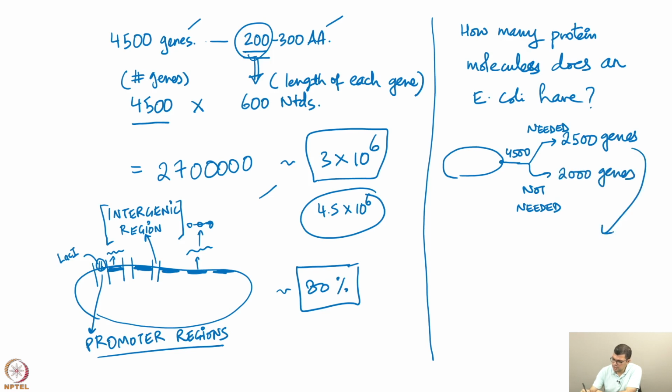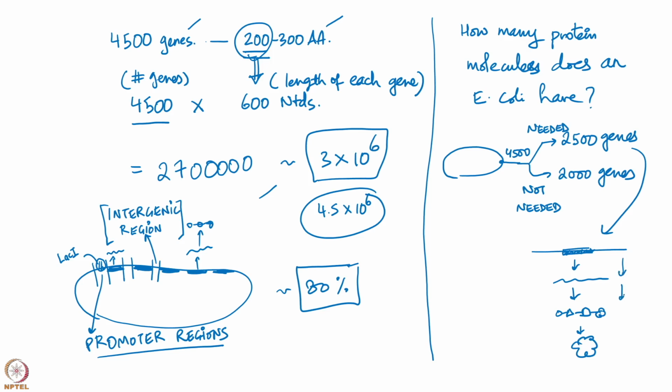For each one of these, the process is going to look like, first transcription takes place, then translation takes place, and we get the amino acid chain which folds into protein, and the protein does its job. However, what we should realize here is that in this process of transcription and translation, it is not as if one gene sequence will only give rise to one protein molecule.